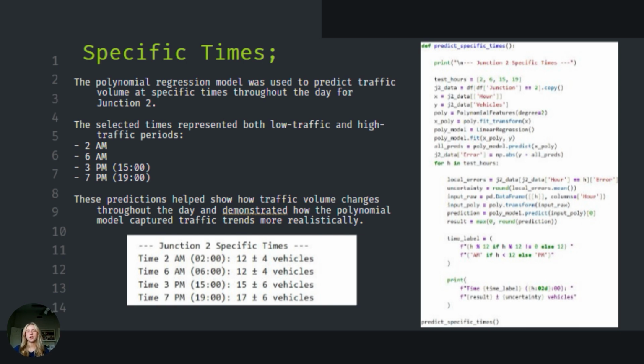These predictions help demonstrate how traffic volume changes depending on the time of day. While larger traffic volumes appear during daytime and evening periods, using those specific times allowed us to better visualize real world traffic behavior and showed how machine learning models can be used to estimate traffic conditions a lot more effectively.